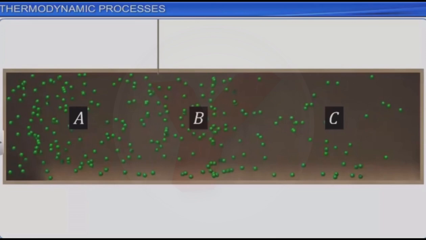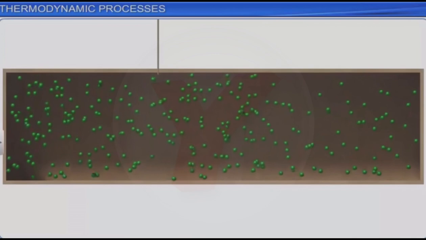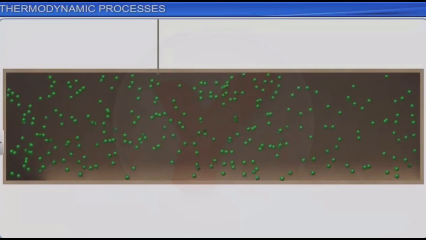Since the pressure and temperatures are not uniform throughout the system, the gas in free expansion is in a non-equilibrium state. Eventually, after sufficient time, the gas may settle at a final equilibrium state, P2, V2, T2.